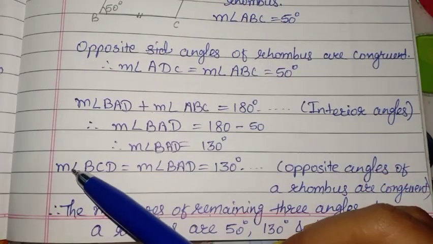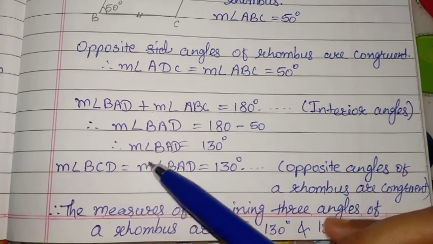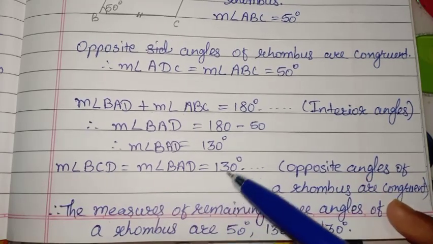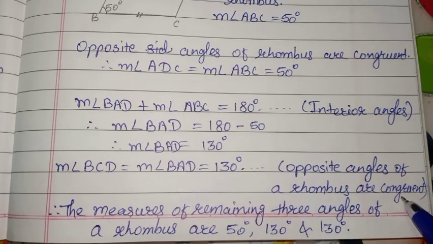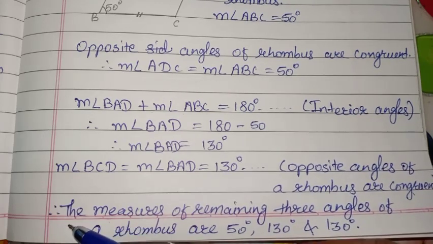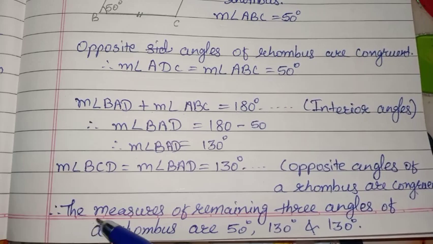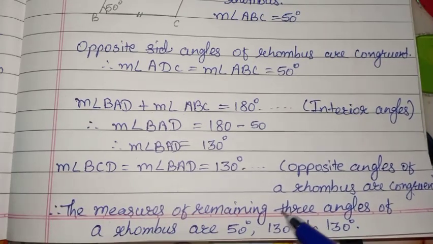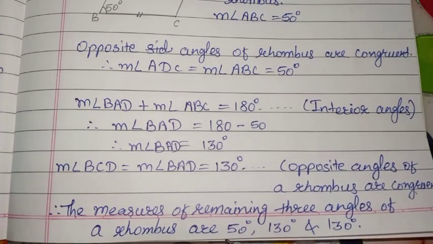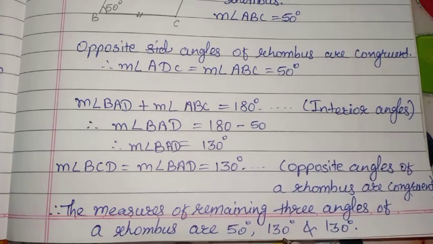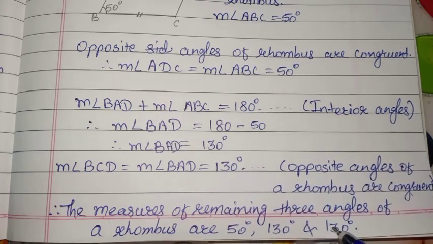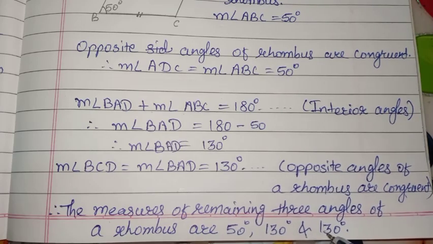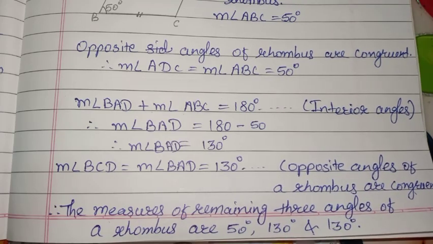So we can write it, measure angle BCD is equal to measure angle BAD is equal to 130 degree because opposite angles of rhombus are congruent. So final sentence we can write here, therefore the measures of remaining three angles of a rhombus are 50 degree, 130 degree and 130 degree. You have to write 130 two times because two angles are of 130 degree. Children, in this way we have completed practice set 8.2.